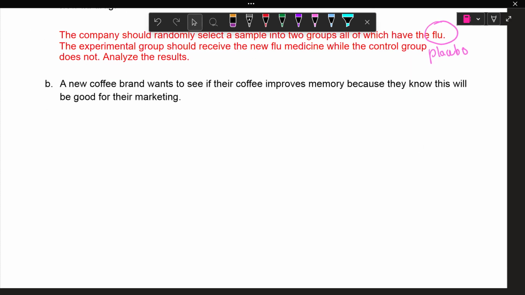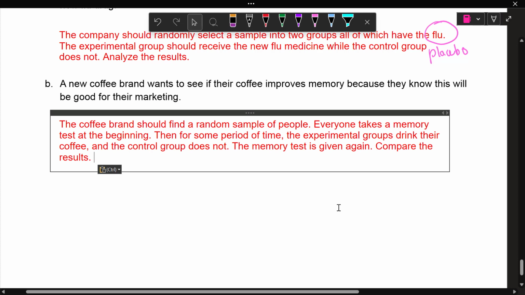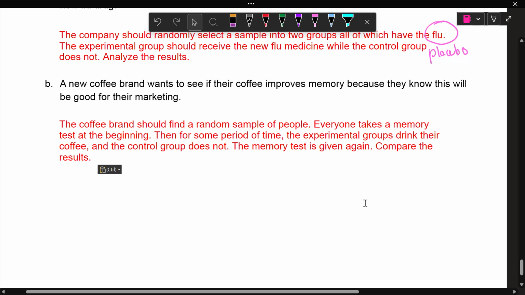And lastly, a new coffee brand wants to see if their coffee improves memory because they know this will be good for marketing. If you remember something better, yeah, it's going to sell. So we get a random sample of people. Again, it's got to be a good random sample to eliminate bias.